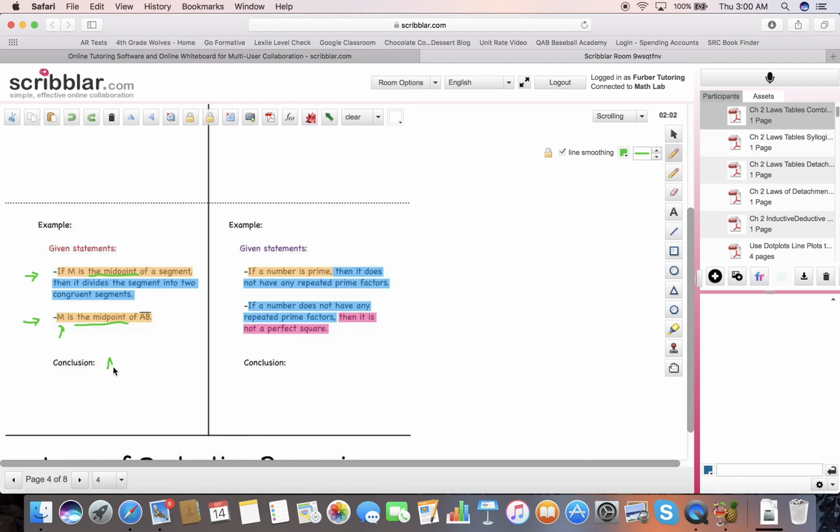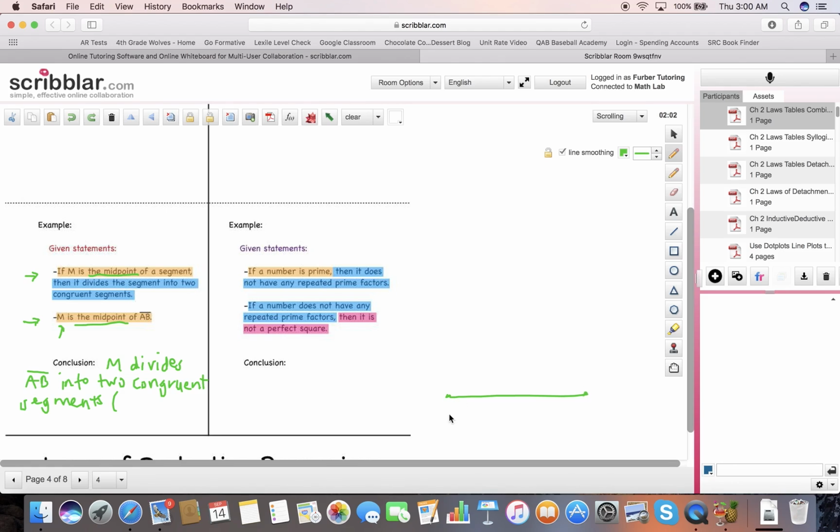So M divides AB into two congruent segments. And those segments, if you think about it, I'll just draw it out over here.